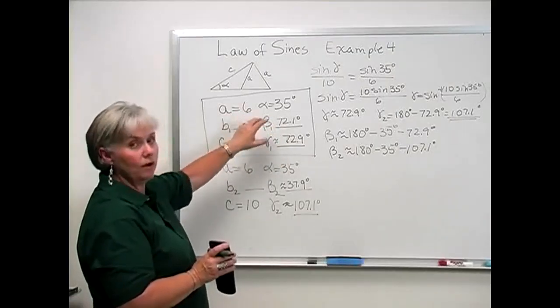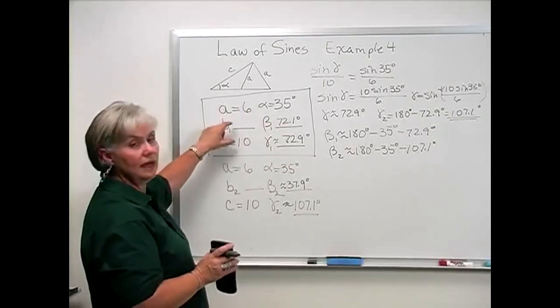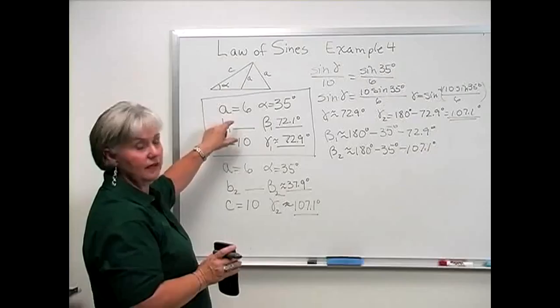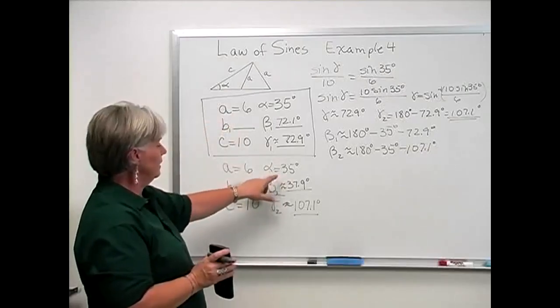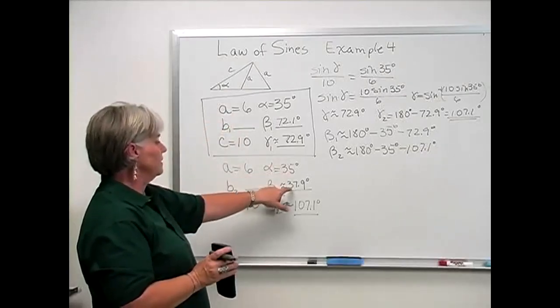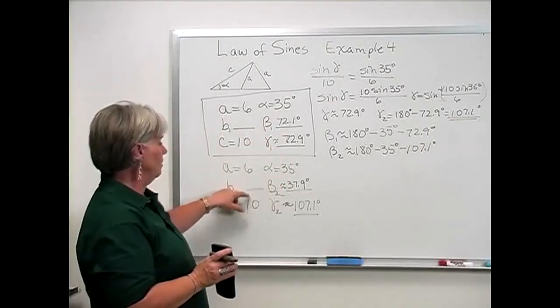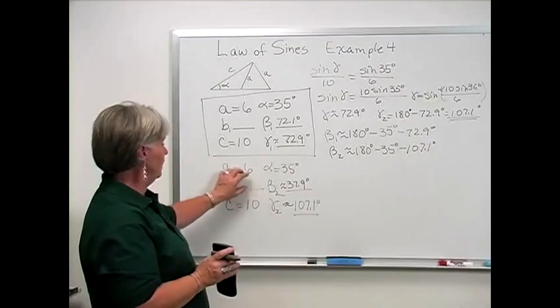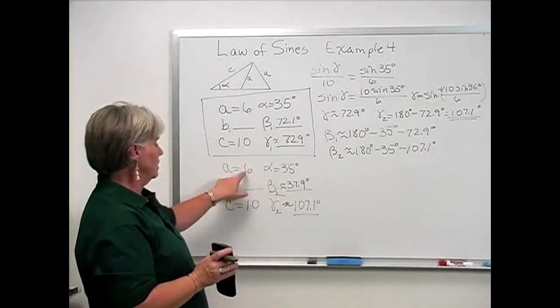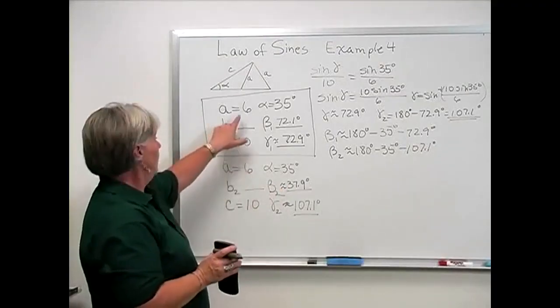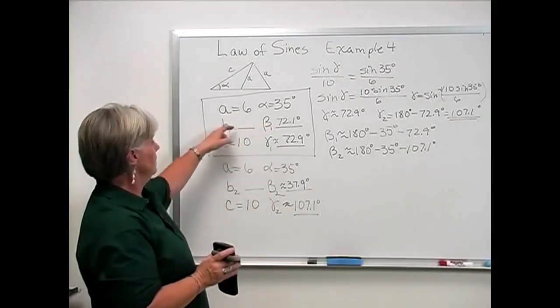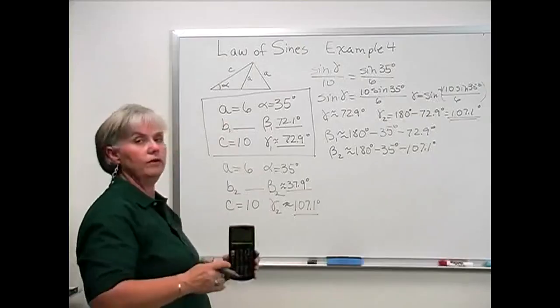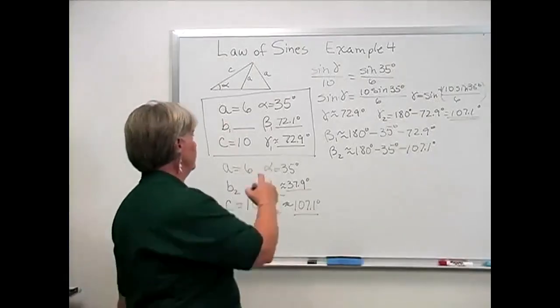So if I do my work correctly, I would expect that these two sides should be really close in value. And you've got the same thing down here. This is 35, this is 37, not quite as close, but that's going to give you an idea that beta 2 is going to be just a little bit bigger than 6. And this one is going to be just a little bit less than 10.